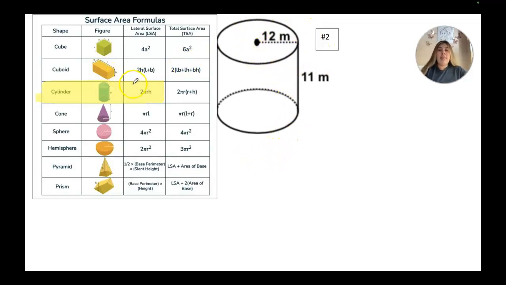We have 2 times pi times radius times height. So we will do 2 times pi times 12, which is our radius, times 11, which is our height.